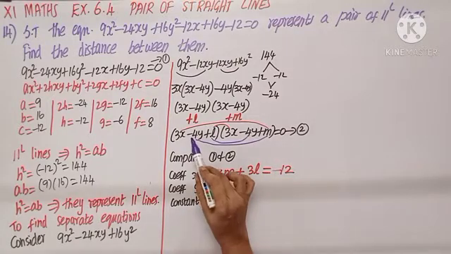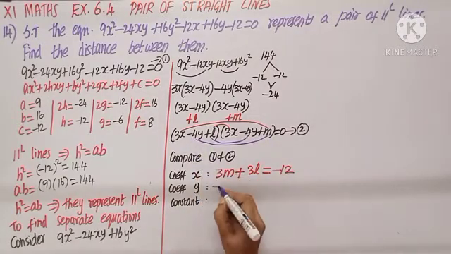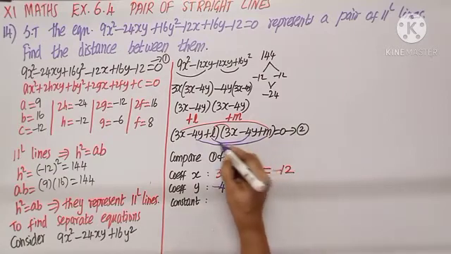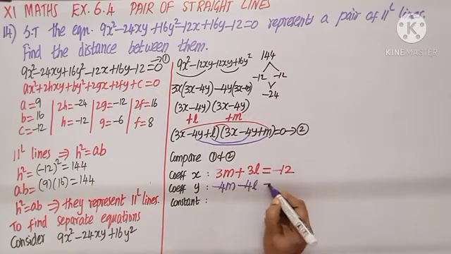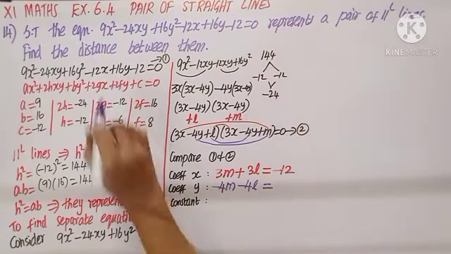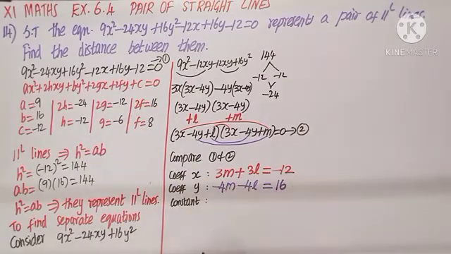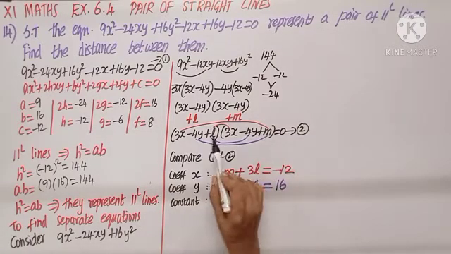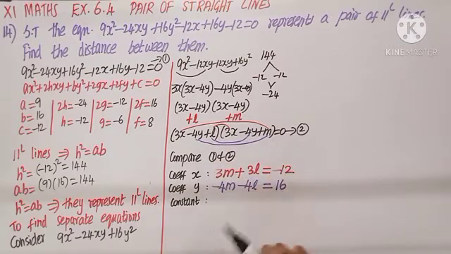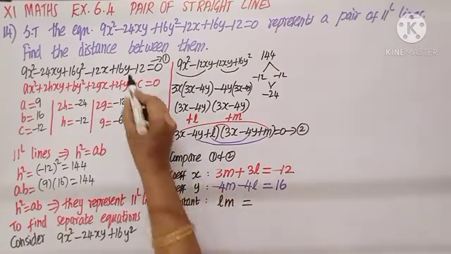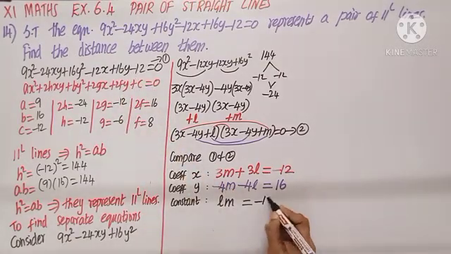So my equation is minus 4M minus 4L equals 16, the y coefficient here. Constant: how to get the constant? In both the brackets, I will take only the constant. Here L, here M. So constant into constant, LM, equals the constant over here, minus 12.